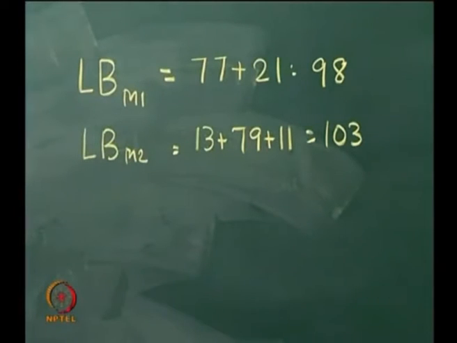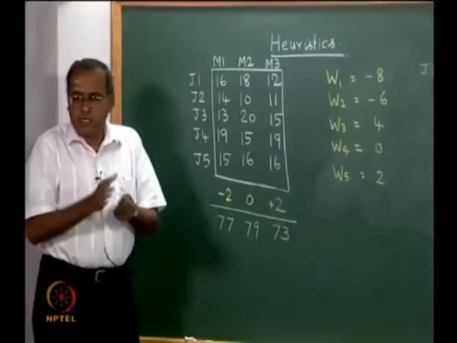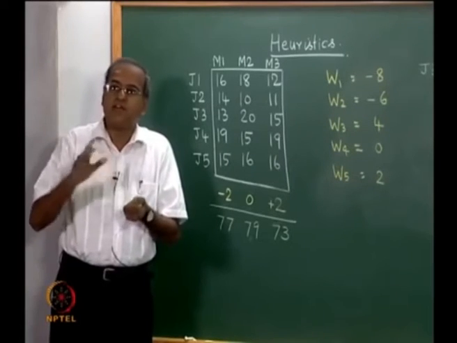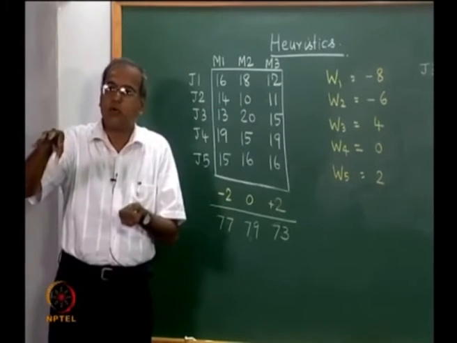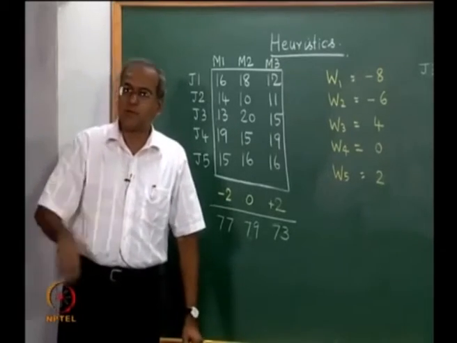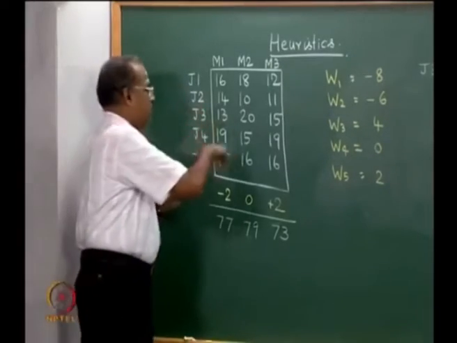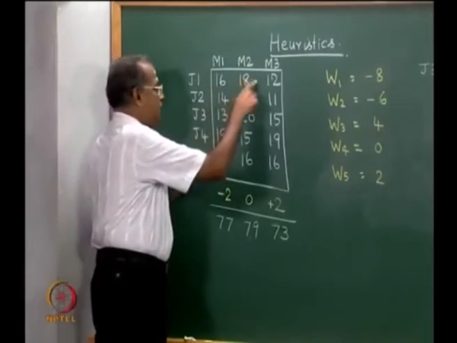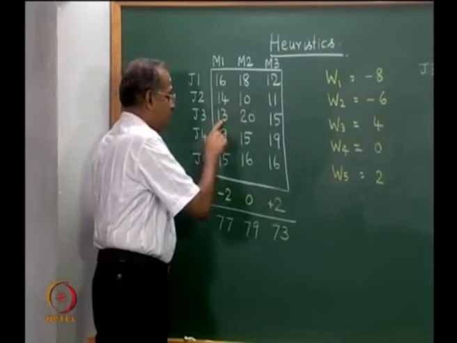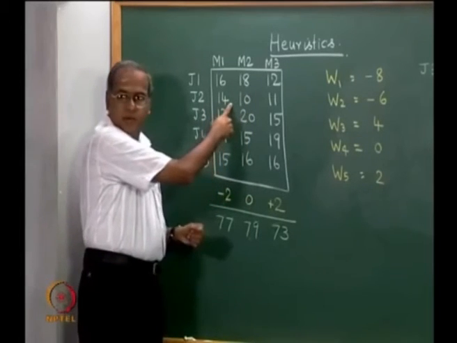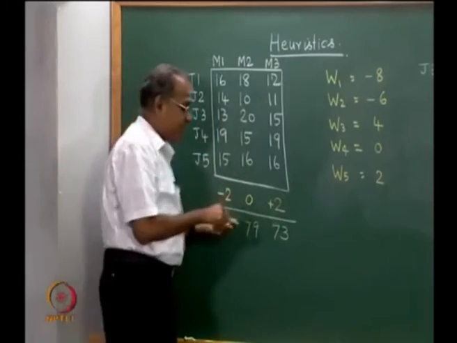Now, the lower bound based on M3: no job can start on M3 directly. So, the first job on M3 should have visited M1 and M2. So, the earliest M3 can begin is the minimum of these two sums. So, this is 34, 24, 33, 34, 31, 24; 24 is the minimum, plus it requires 73.